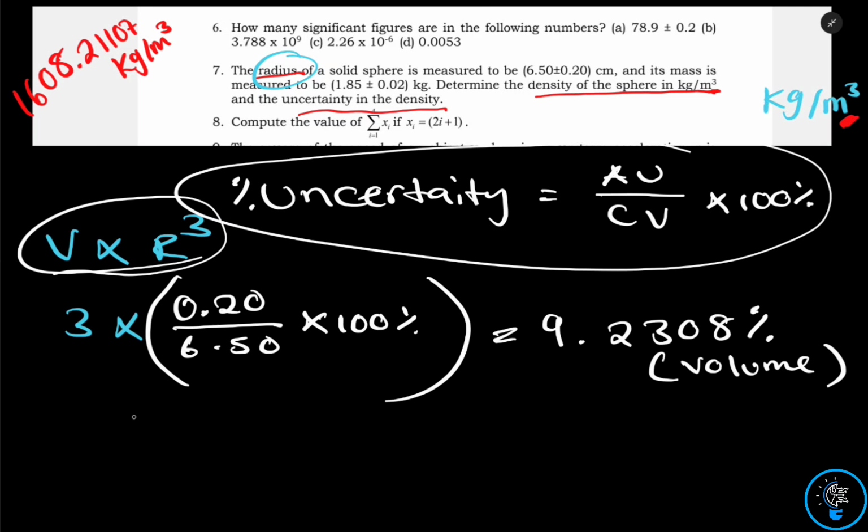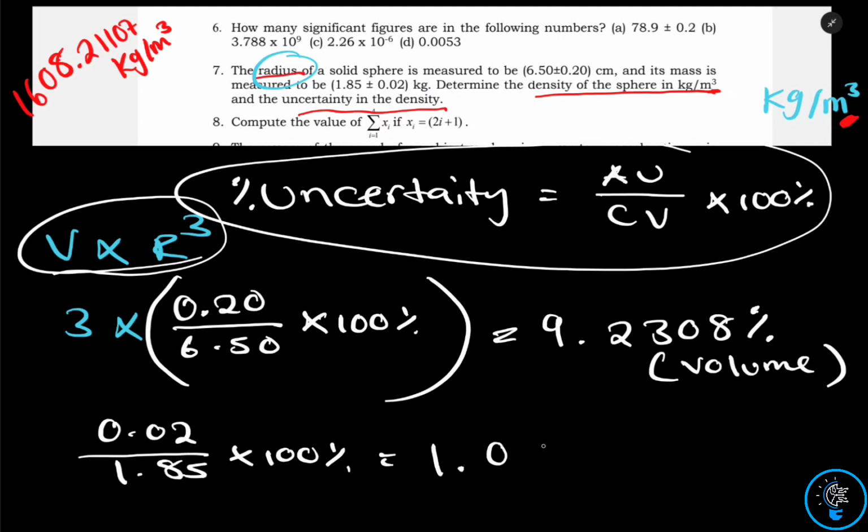So percentage uncertainty for mass will be 0.02 divided by 1.85 times 100%. You're going to get a value of 1.08108% as that for mass.